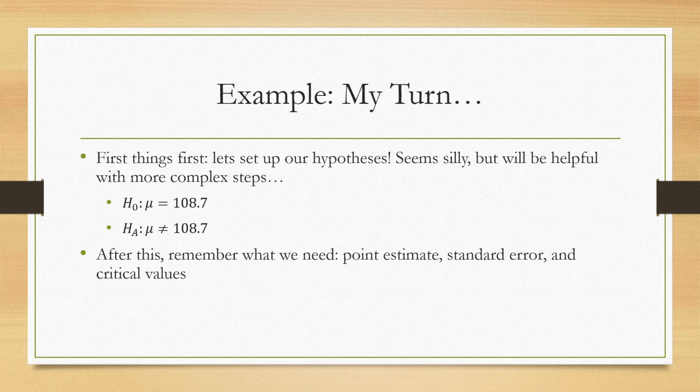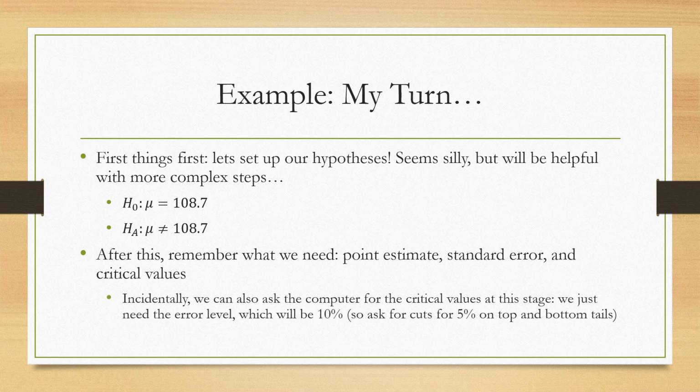So don't forget, we need the point estimate, standard error, and critical values to pull together our test statistic. So at this stage, we also have enough information to ask the computer for the critical values. What we need to ask for is the error level percent, which is 10%.